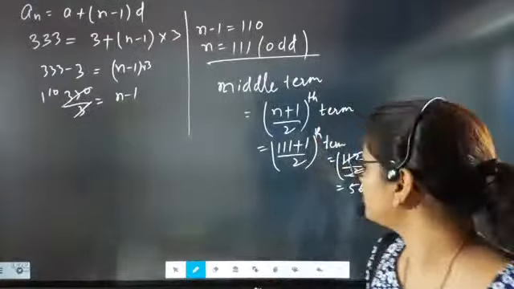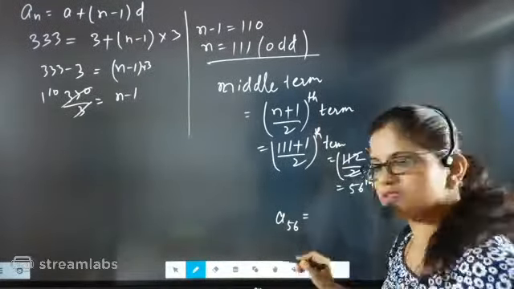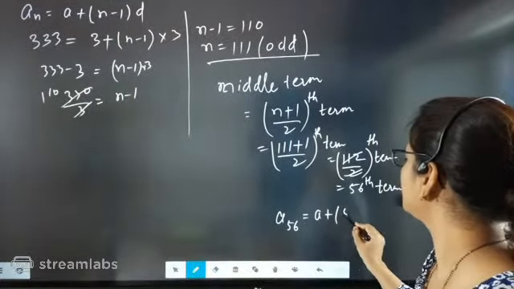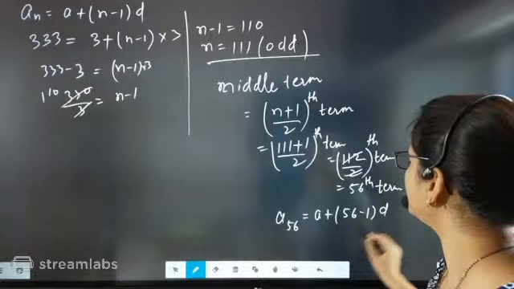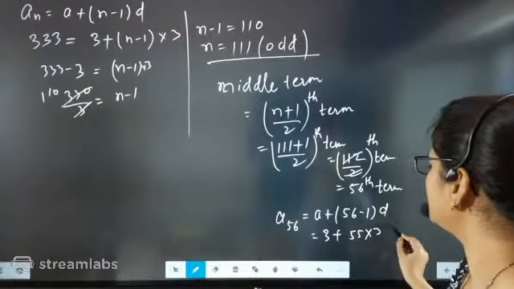So if it is the 56th term, now let's find the 56th term. The 56th term will be what? A plus 56 minus 1 into d. A is what beta? 3, and 55 into 3.